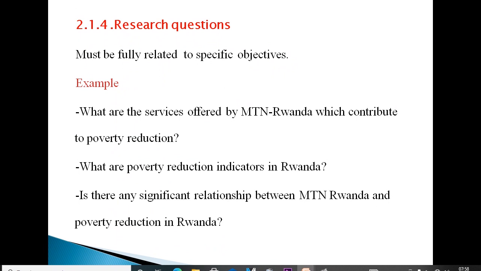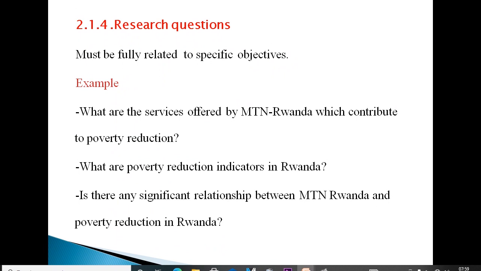Therefore, the second specific research question must be: what are poverty reduction indicators in Rwanda? Number three, the research objective was to highlight the relationship between the private sector, taken as a case study MTN Rwanda, and poverty reduction in Rwanda. Therefore, the research question can be: is there any significant relationship between MTN Rwanda and poverty reduction in Rwanda?